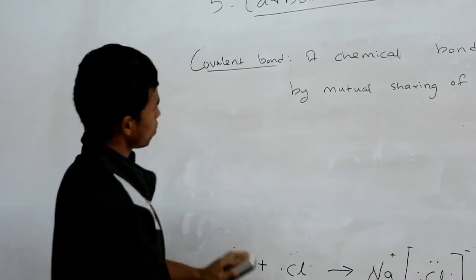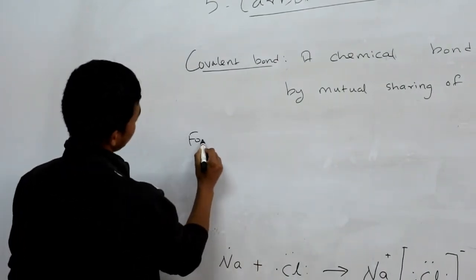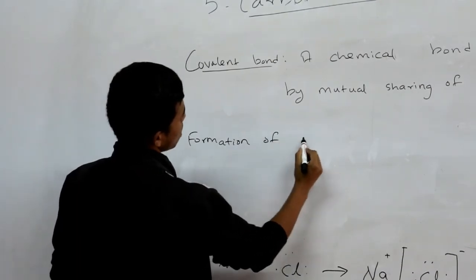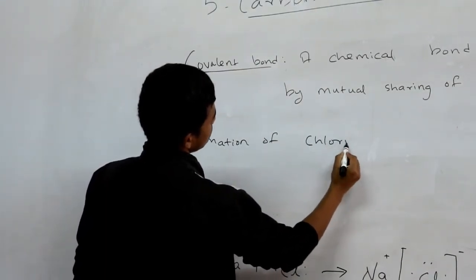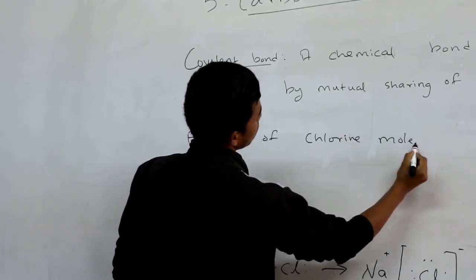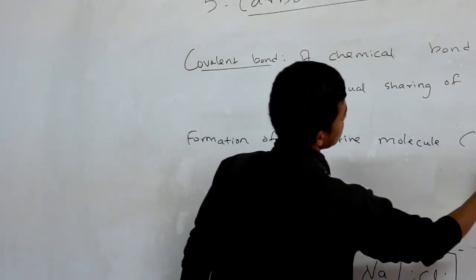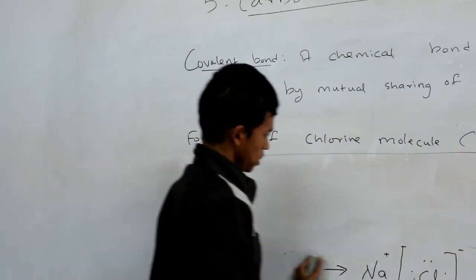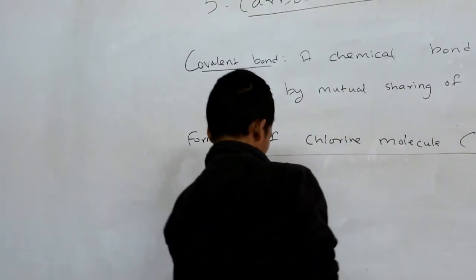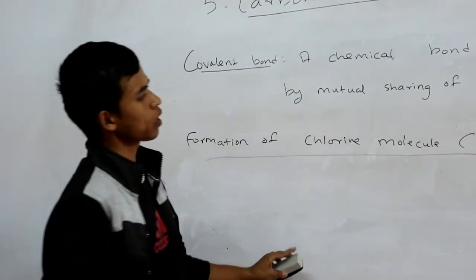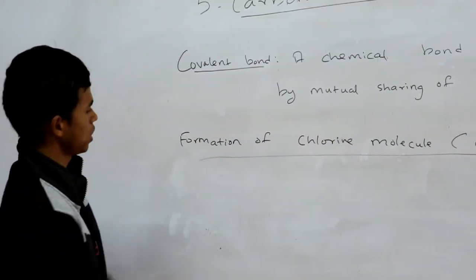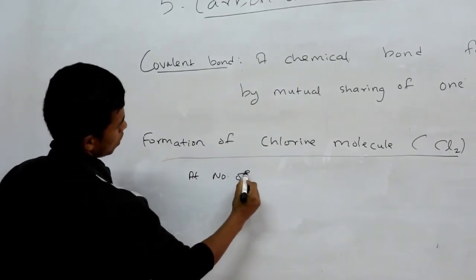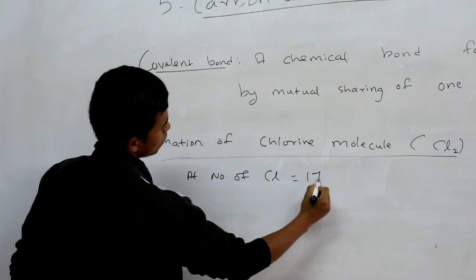Now let's take the formation of the chlorine molecule, Cl2. As we know, the atomic number of chlorine is 17.